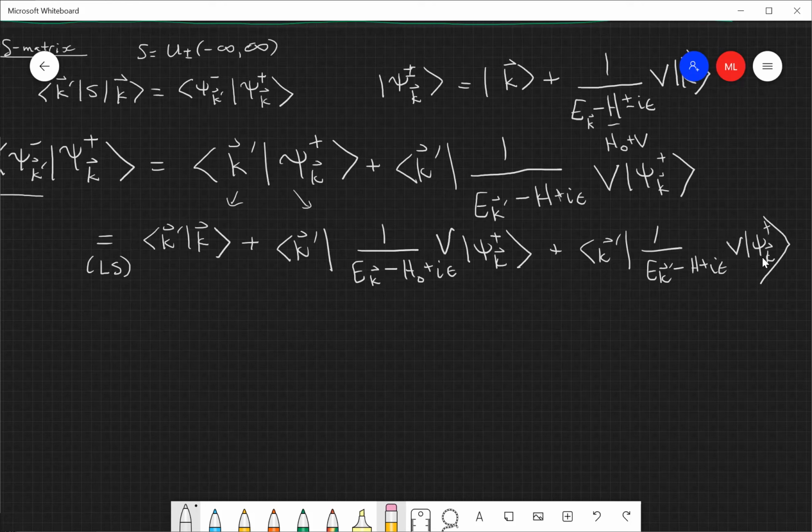And so we can start replacing things with the appropriate eigenvalues. For instance, we can take this H naught and act with it on the left, and that would pick up a factor of E k vector prime, that energy.